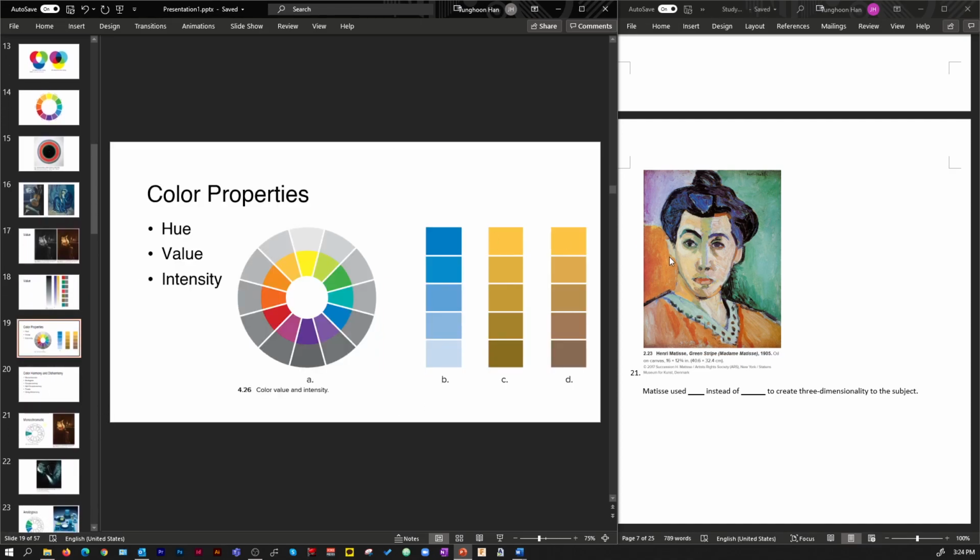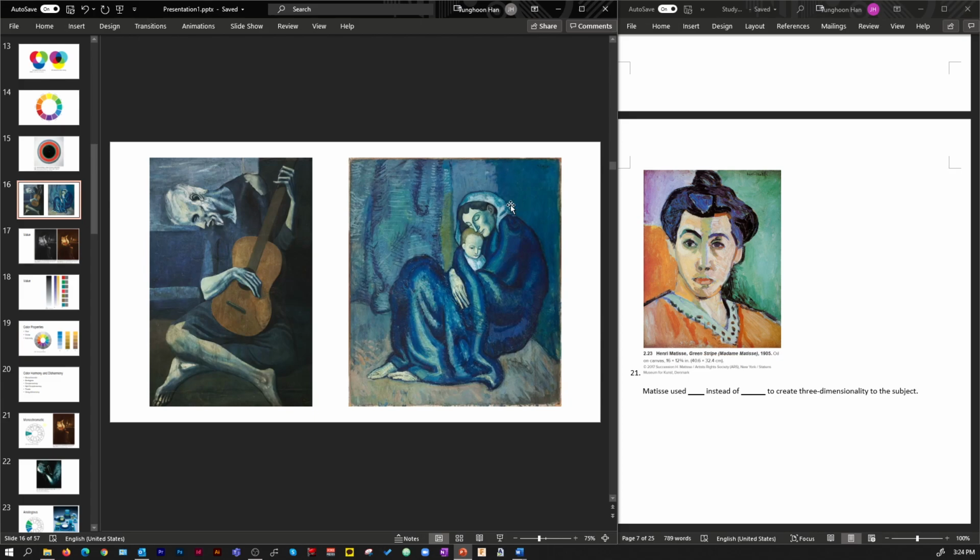And here in this work by Henri Matisse, Matisse used blank instead of blank to create this three-dimensionality to the subject. Unlike this one, where he used a similar almost monochromatic color, meaning just one hue, which would be blue, Picasso introduced value to create the three-dimensionality to the subject.